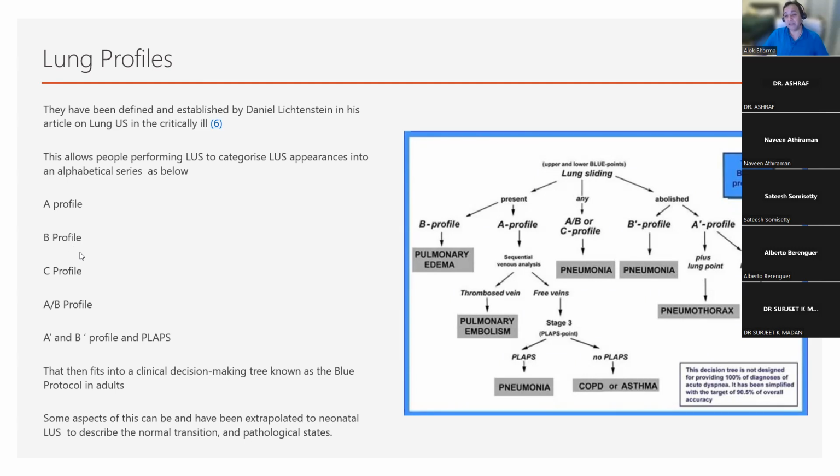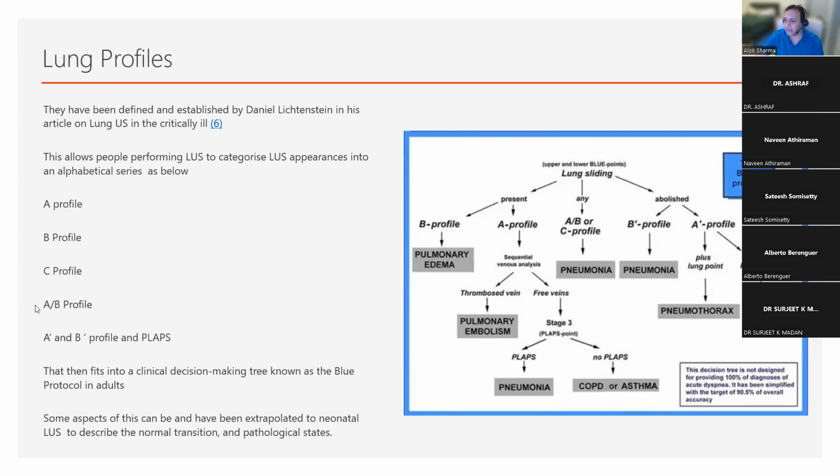A C profile implies consolidation, which means you have no visible A lines. Usually, I would say some kind of a deep B profile, but with hepatization, that means that you've got a consolidation.